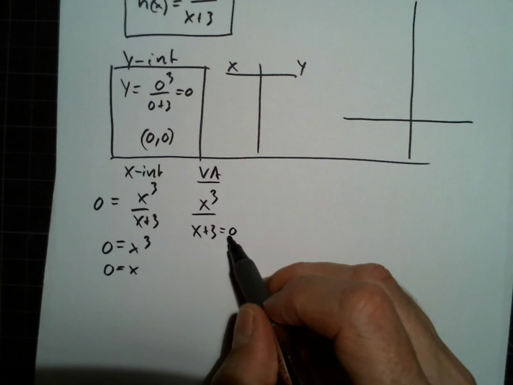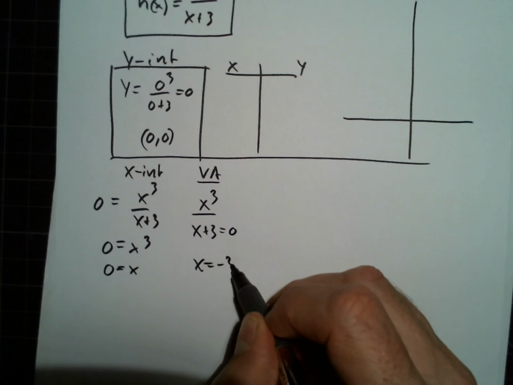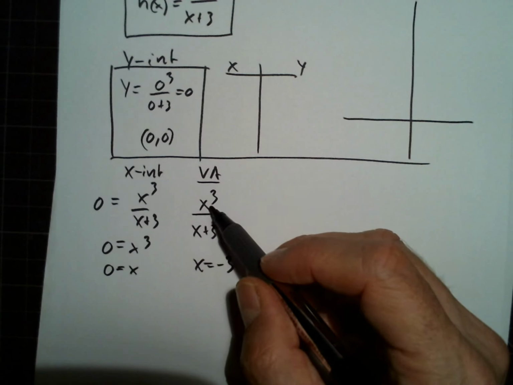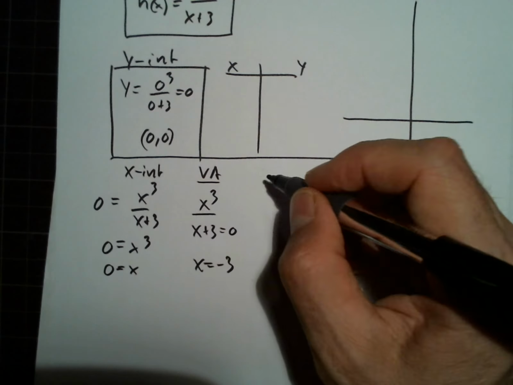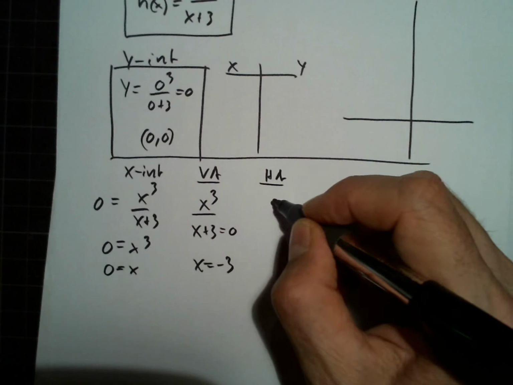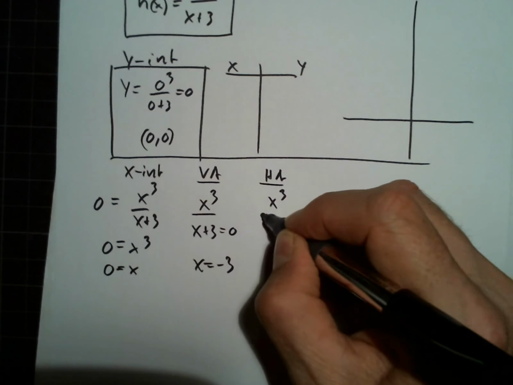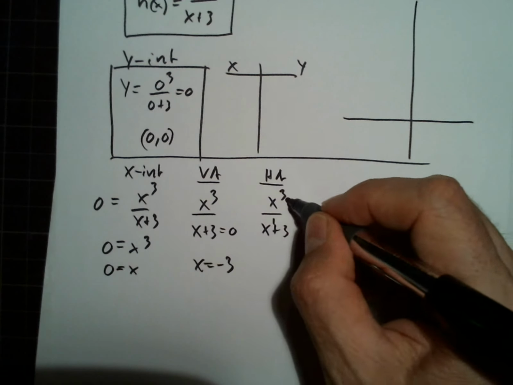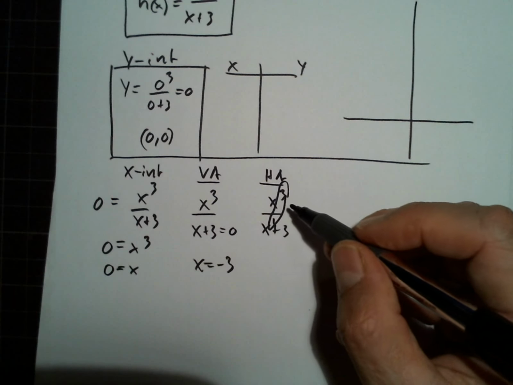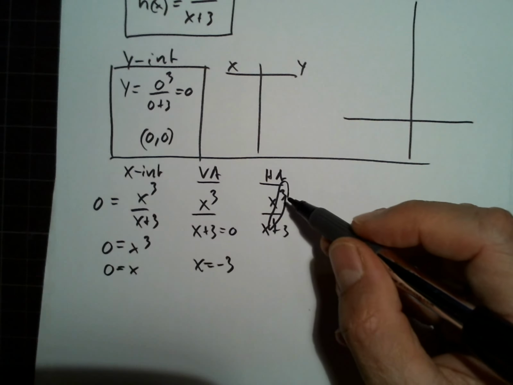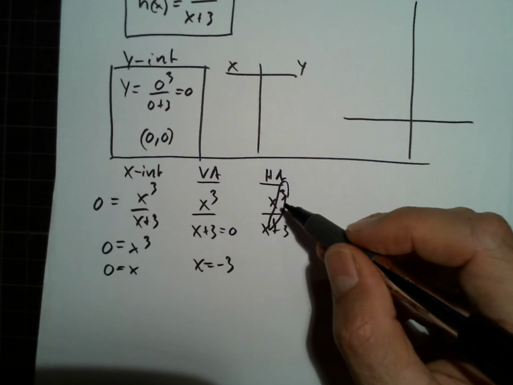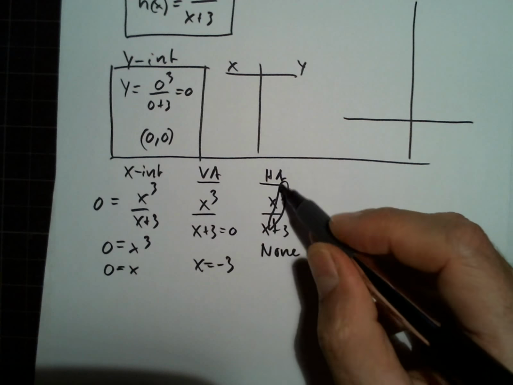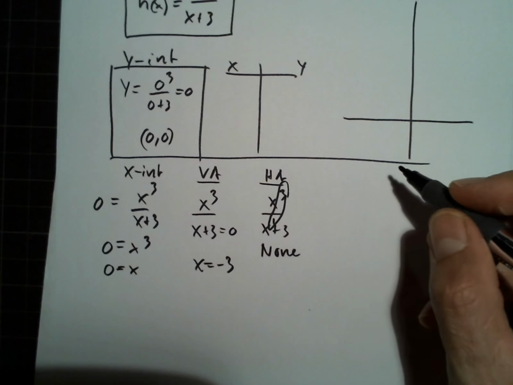We want to know when does the denominator equal 0? We get -3. -3 does not make the numerator 0, so it is a vertical asymptote. Horizontal asymptote. We're comparing these, and horizontal occurs if we have equal exponents or if the denominator is greater, so there's no horizontal asymptote.